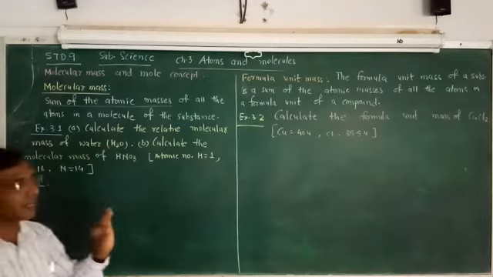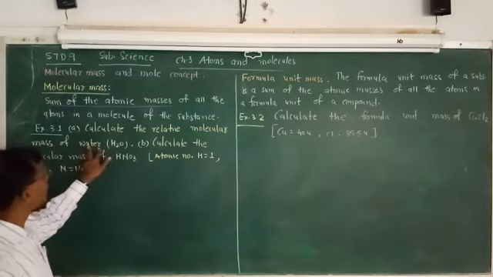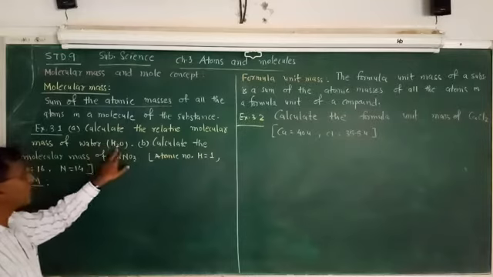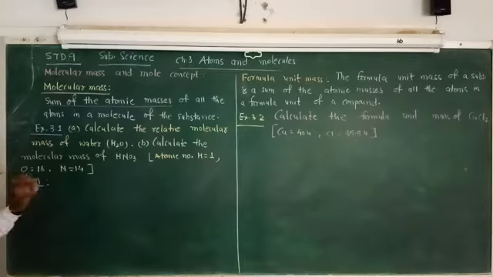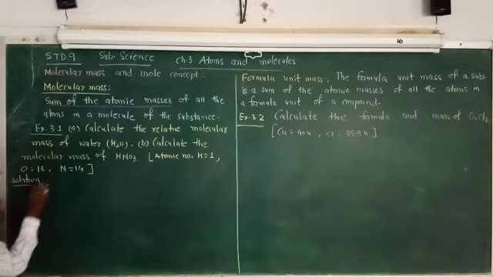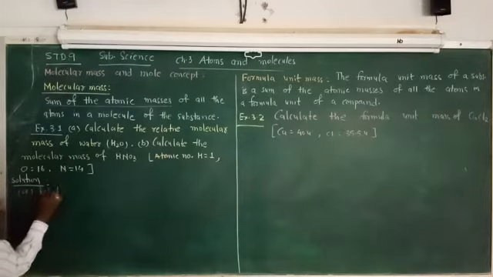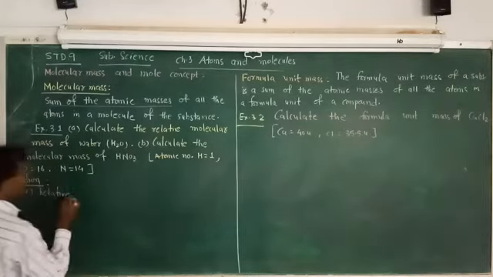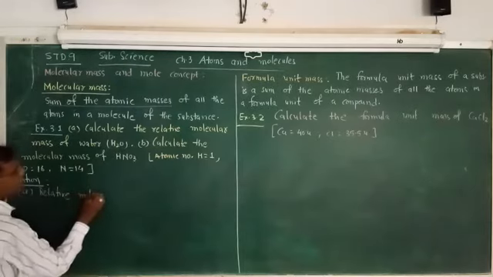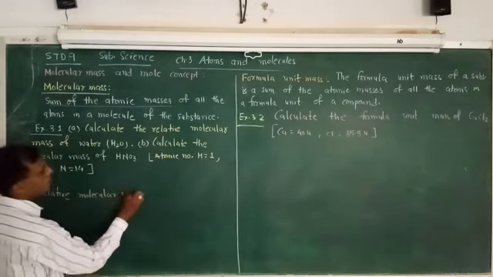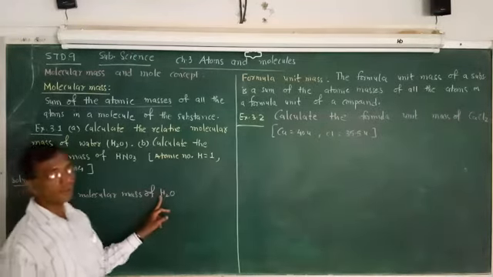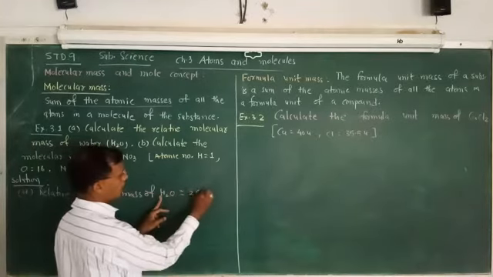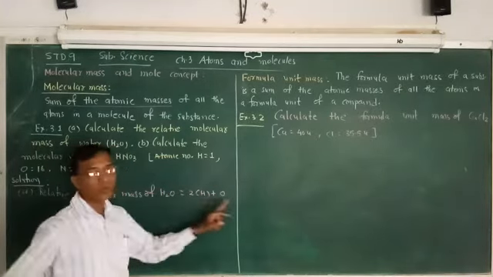First we have to write down the water molecule, that is the hydrogen atom and oxygen atom. We have to calculate the relative molecular mass of the water molecule. Here there are two atoms of hydrogen and one atom of oxygen, H2O.